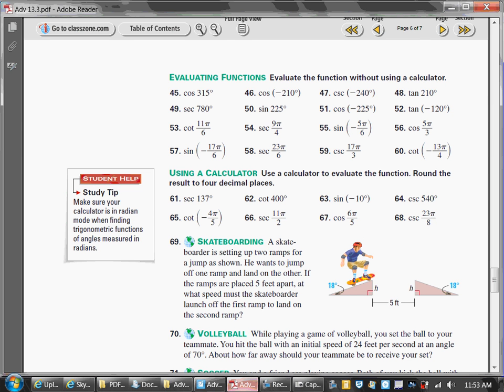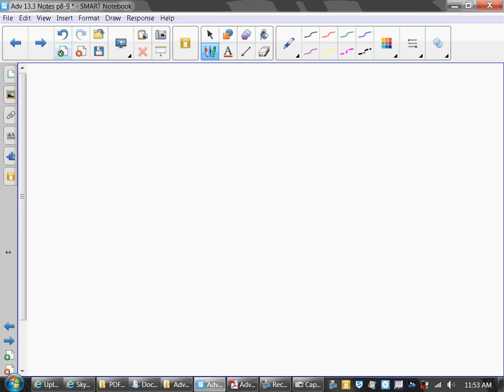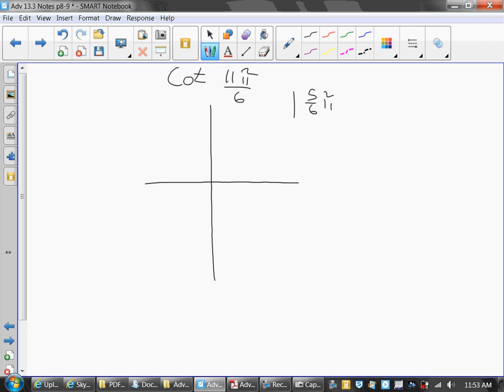What's the other one here? Cotangent and secant. Let's look at these two. Cotangent 11 pi over 6. 6 goes into 11 how many times? Once. How many are left over? 5. So this is 1 and 5/6 pi.